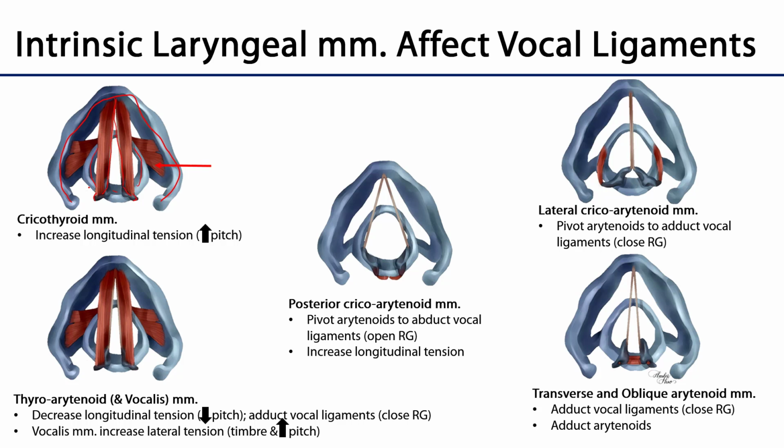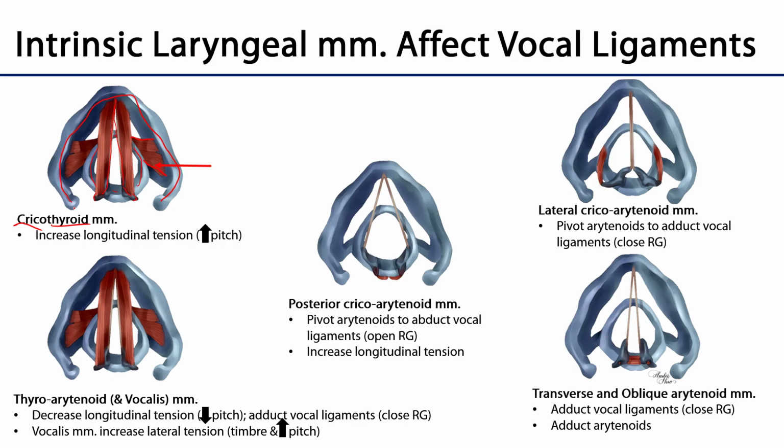So the first muscles that I'd like to discuss with you now are the cricothyroid muscles. We'll find that a lot of these muscles are exquisitely well named. So there are two sets of muscles that are shown here. There are thyroarytenoids, and then there are cricothyroids. The cricothyroids are the muscles that are running between the cricoid and thyroid cartilages. So when the cricothyroid muscles contract, they work upon the cricothyroid joint.